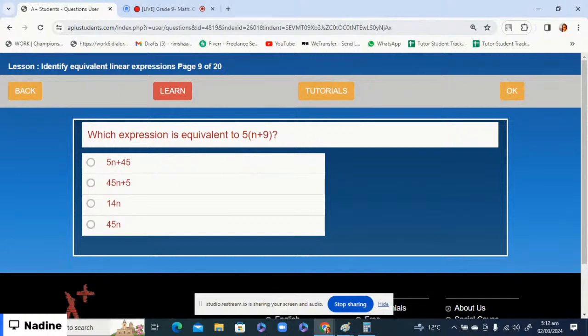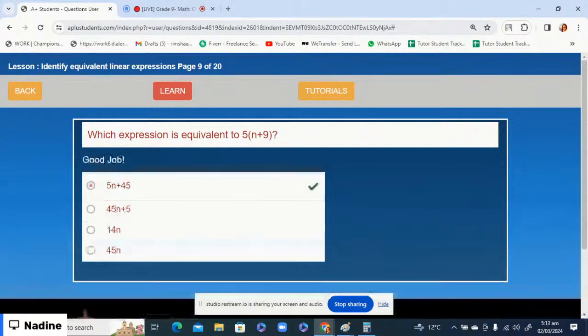That is 5 times 9 is 45. So 5n plus 45. Check it out. Is there any option for 5n plus 45? Yes, this is the first one. 5n plus 45. Okay.